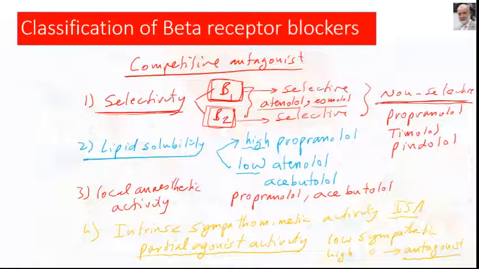So these beta blockers with intrinsic sympathomimetic activity, ISA, are partial agonists. What does it mean? At low sympathetic activity, when for example the heart has low tone, they will act as an agonist and increase heart activity. If the sympathetic activity to the heart is high, they will act as an antagonist and decrease the heart activity.